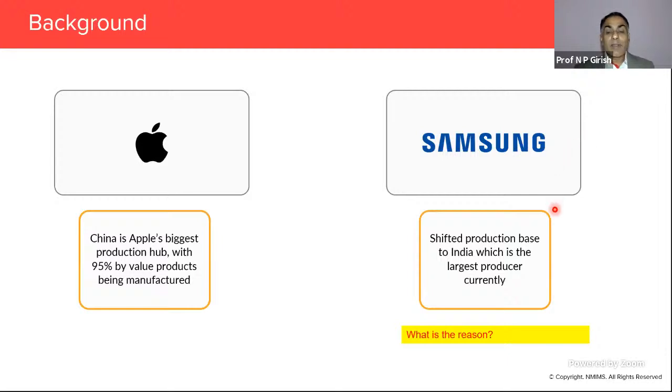Next one is Samsung. Samsung had the production facility in China. They shifted the production base to India, which is the largest producer currently, right? India is the largest producer for Samsung, and they moved away from China due to the fact that the market in China was getting too price competitive for Samsung, and there were other low cost, low price providers, competitors for Samsung.